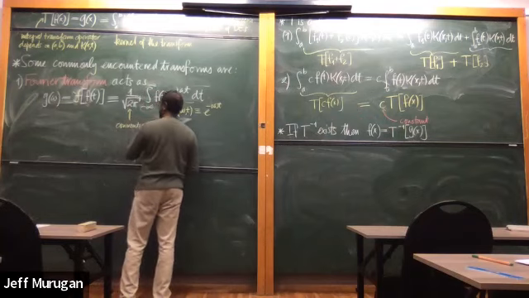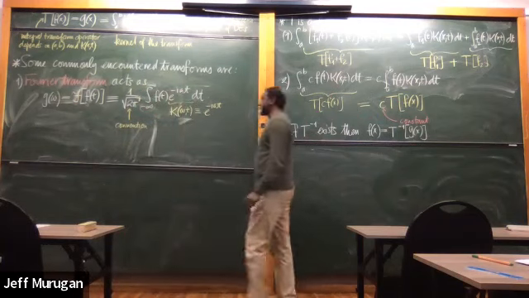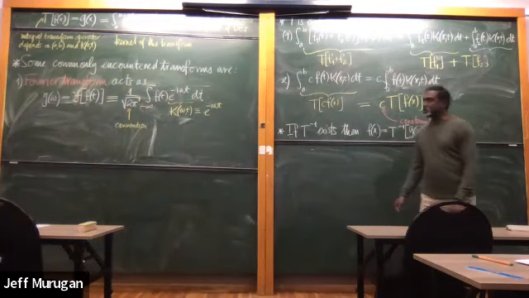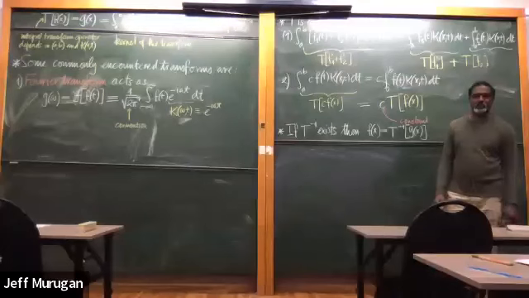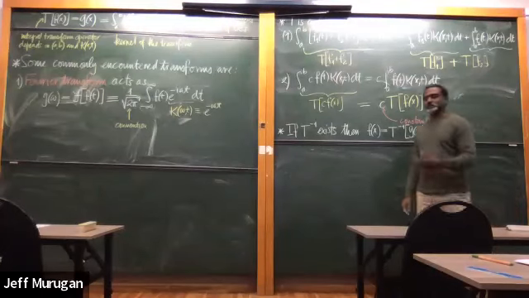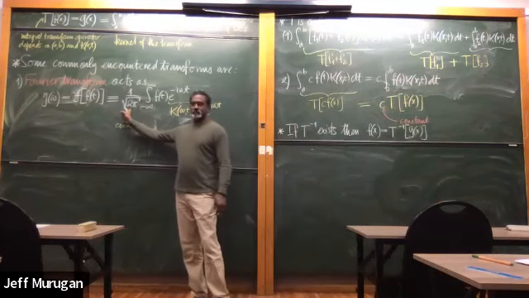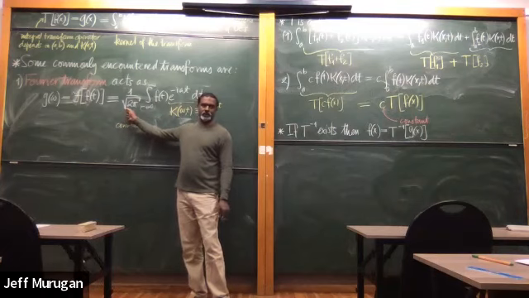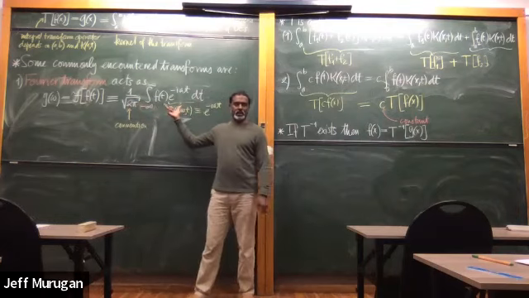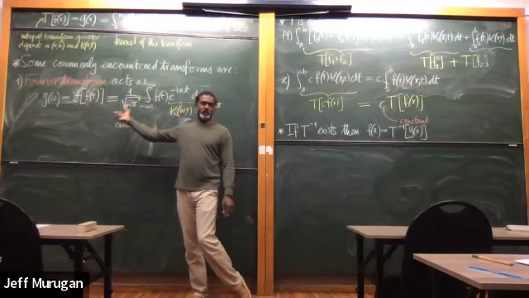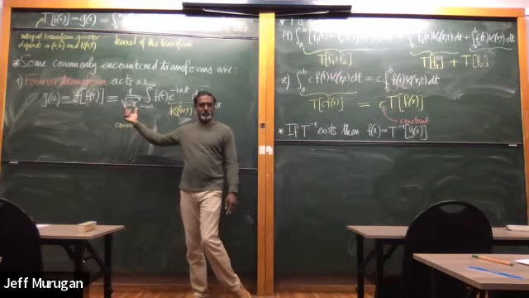Depending on the textbook or the paper you're reading, sometimes that factor is a 1, sometimes the factor is 1 over 2 pi, sometimes the factor is 1 over root 2 pi. 1 over root 2 pi has the advantage that the form of the Fourier transform and its inverse are the same. They both come with a factor of 1 over root 2 pi. Some textbooks and papers use a 1 for the forward transform, which is what this is, in which case you would need a 1 over 2 pi for the inverse, and vice versa.